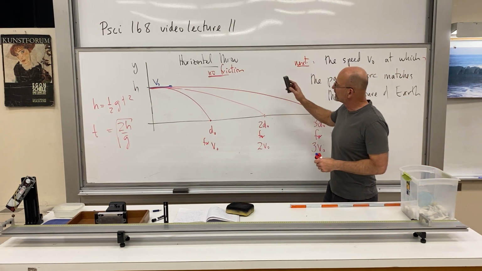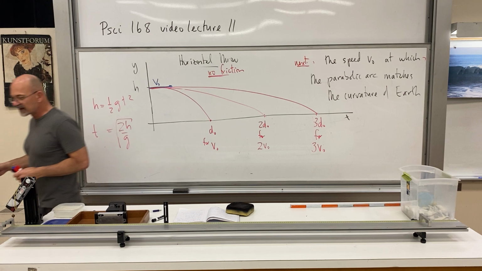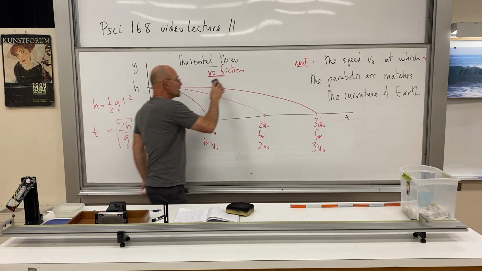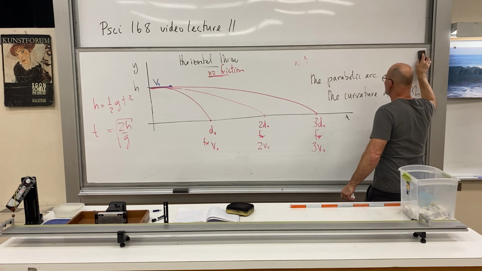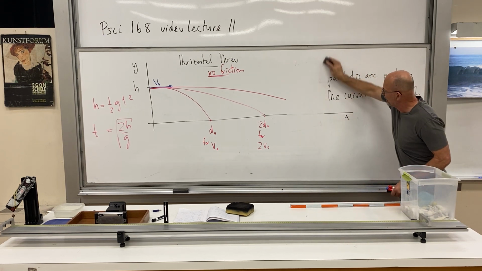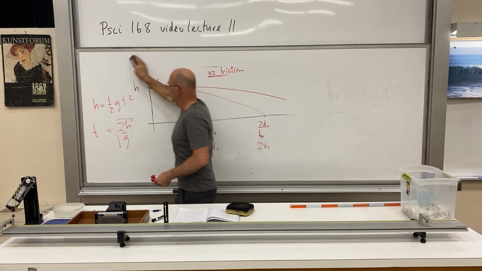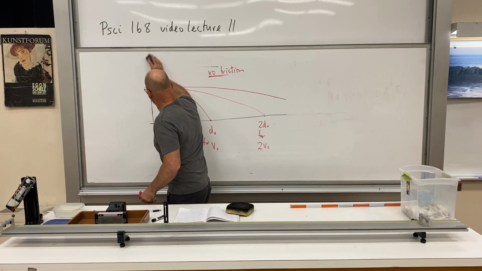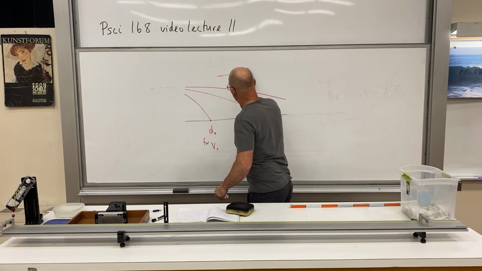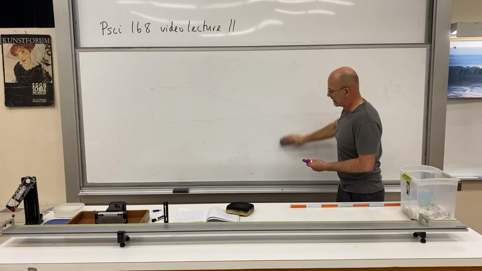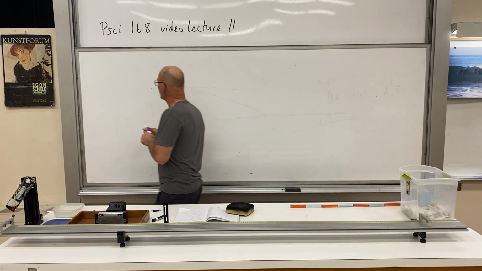I have to erase these things. Let me consult the clock again. I think we got this in the allotted time. Yes, we do. So we're going from a horizontal throw to a satellite orbit. Okay, so let's write this down.